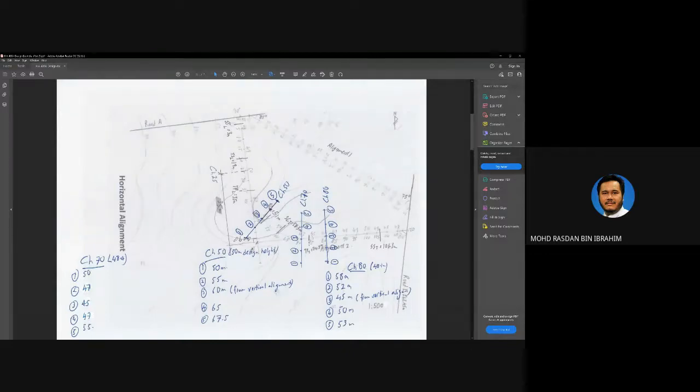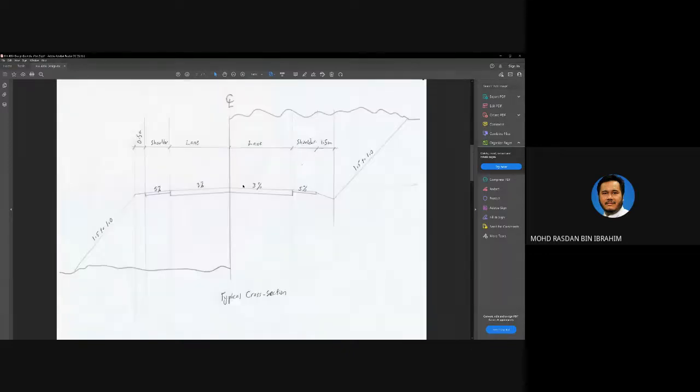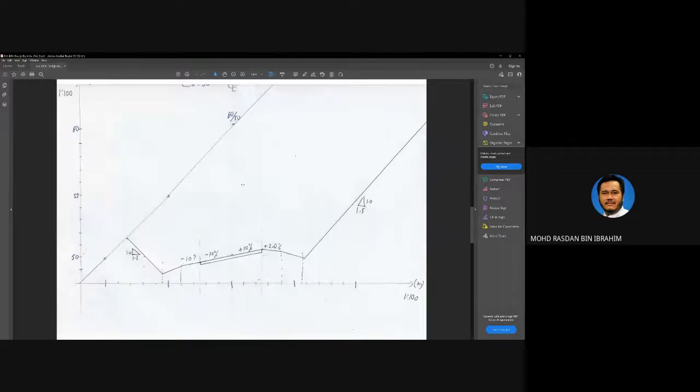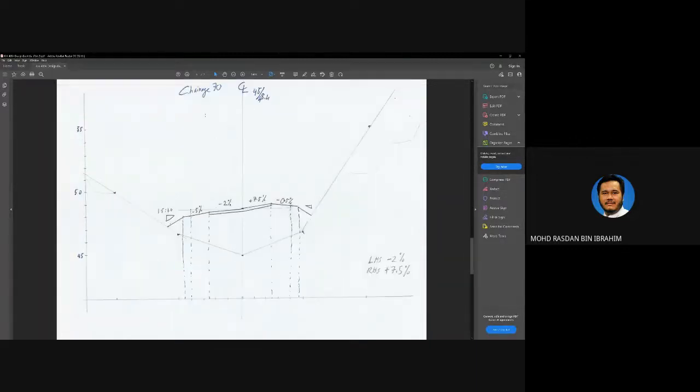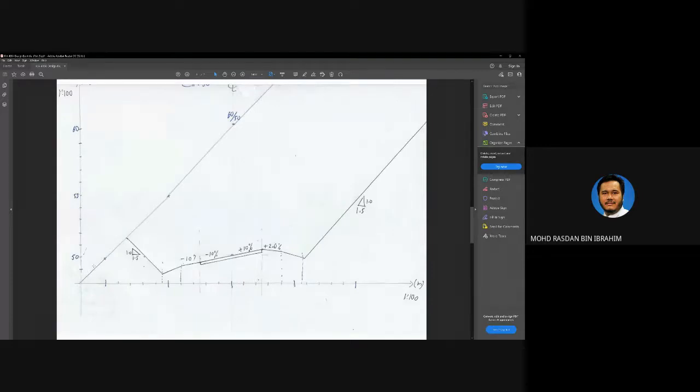Okay, for chainage 50. However, when I plot it, I think this is the one. Okay, this is the other way around. This line is the other way around. So I got mixed up. This line should be like this. Okay, so I think this is the only mistake.